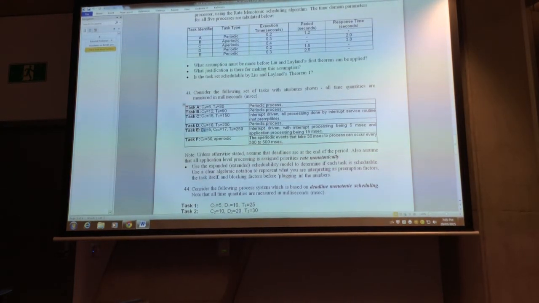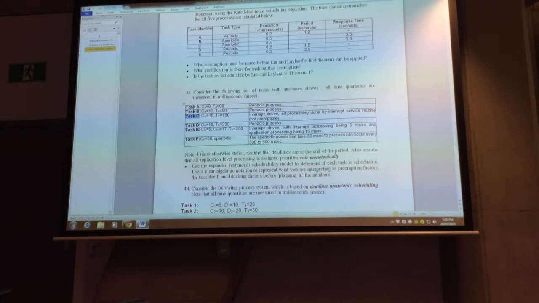What about this? Task D, does it have a blocking factor? No, it doesn't. Why not? Because even though this thing up here is interrupt driven, as far as task E is concerned, task C, whether it's interrupt driven or not, just looks like any other high priority task.